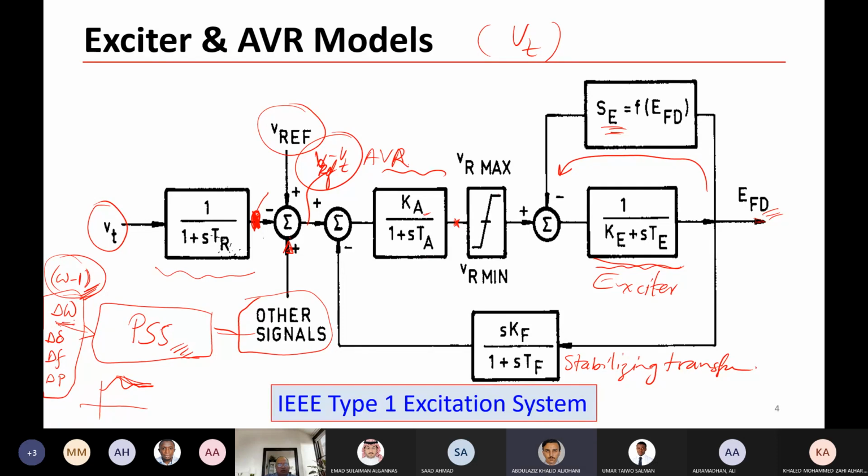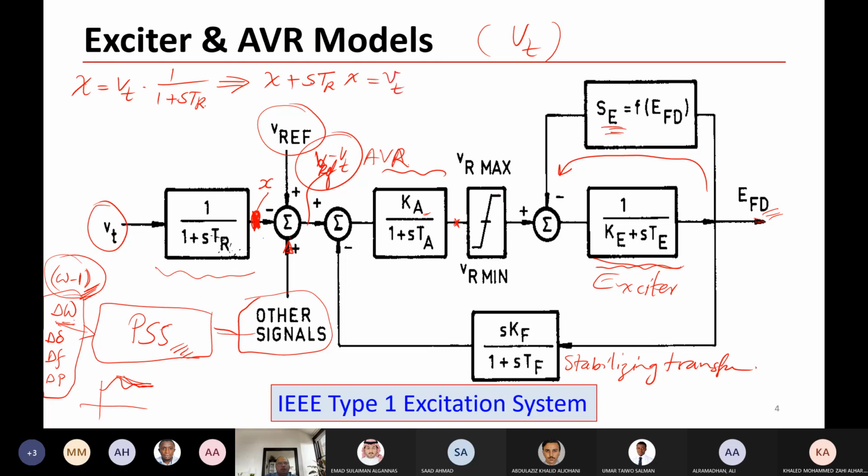Yeah, of course. Assume the signal here, for example, is X. So this X equals VT multiplied by 1 over 1 plus S TR. So you can put it in differential equation form. You can write X plus S TR X equal to VT.